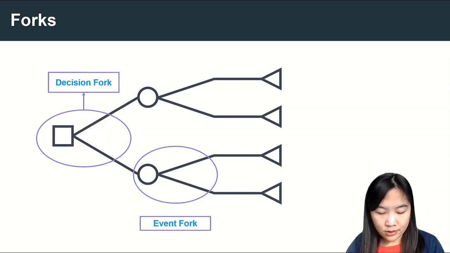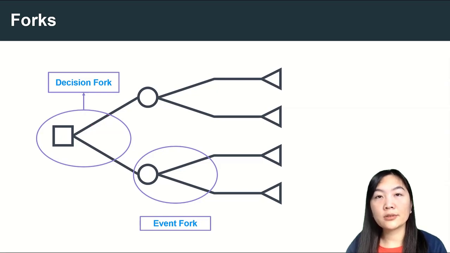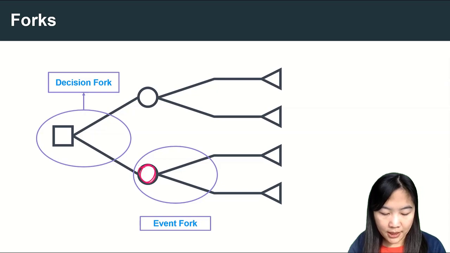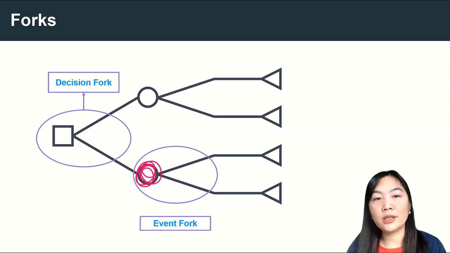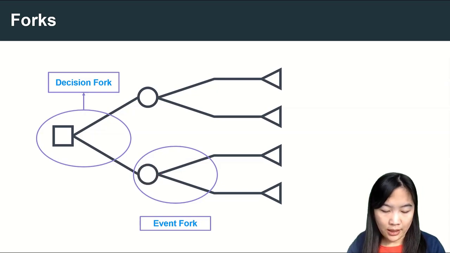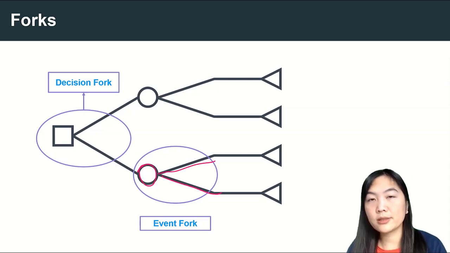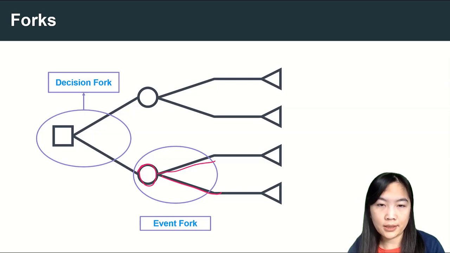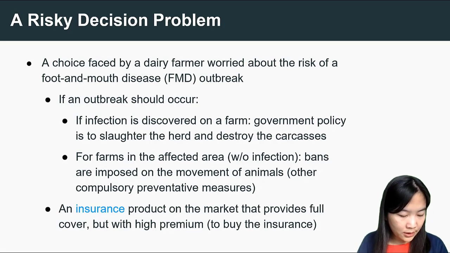And there's also an event fork. This is different from the decision fork because at the beginning it's a chance node. It's not a decision node. And again, this chance node together with the branches that come out from it, together, it's the event fork.